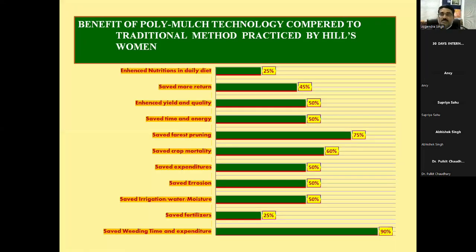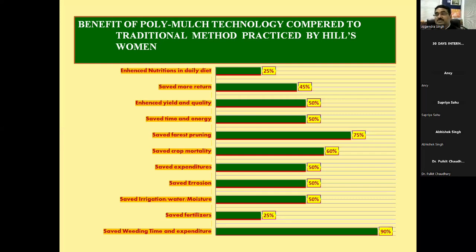So this is a view. Mulching technology saves fertilizer 25%, saves irrigation water 50%, saves erosion 50%, saves expenditure 50%, saves crop mortality 60%, saves forest pruning 75%, saves time and drudgery reduction 50%, enhances yield and quality 50%, saves more return 45%, and enhances nutrients in the daily diet by 25%.